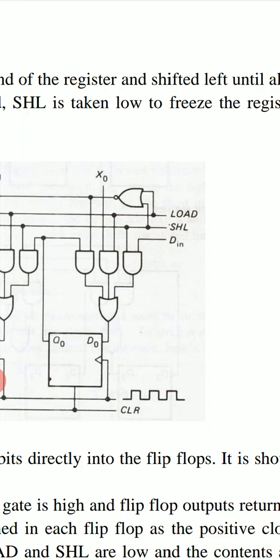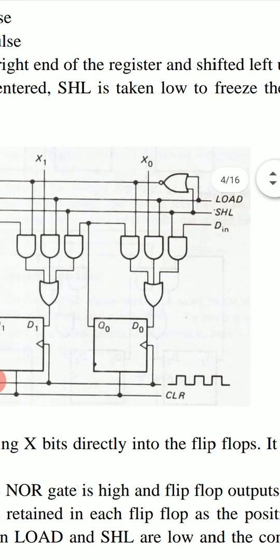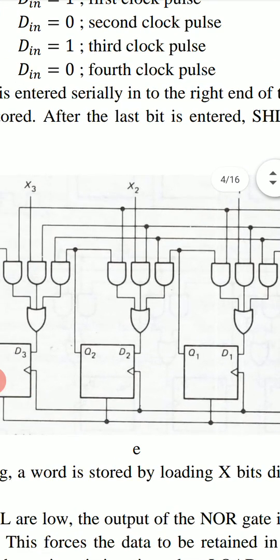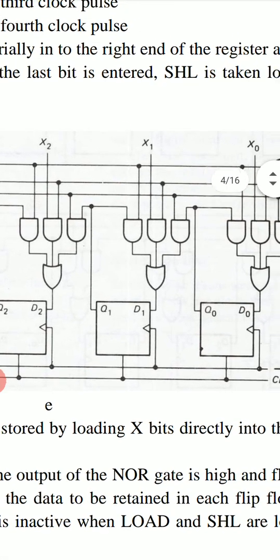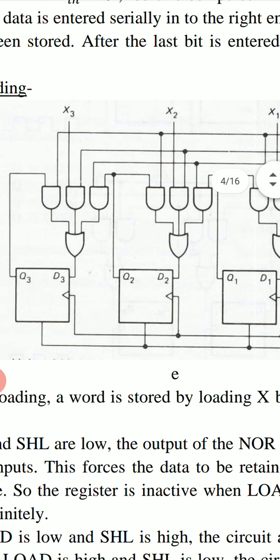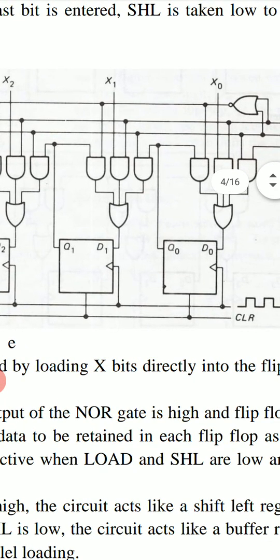When load goes to 1, this middle AND gate will be enabled and it will transmit X0. D0 becomes X0. And at the same instant, D1 becomes equal to X1, D2 becomes X2, and D3 becomes X3. And when the positive clock edge arrives, this output word Q3, Q2, Q1, Q0 will become X3, X2, X1, X0. All 4 bits are loaded at the same instant.